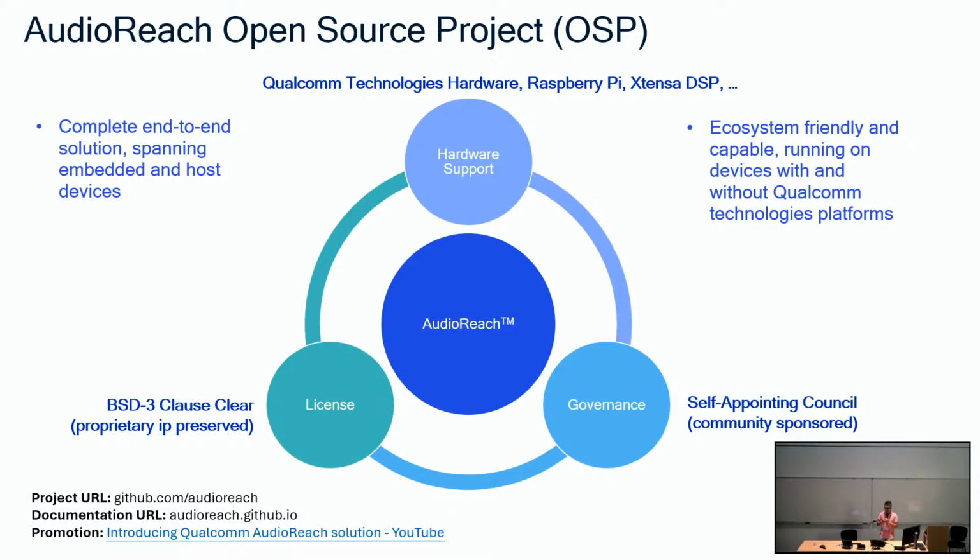One is Qualcomm would like to make sure this solution is ecosystem friendly. So we want to make sure that not only can we run Audio Reach on Qualcomm hardware, we also want to support non-Qualcomm hardware. As a matter of fact, if you come to check out the demo later, I have a Raspberry Pi running.